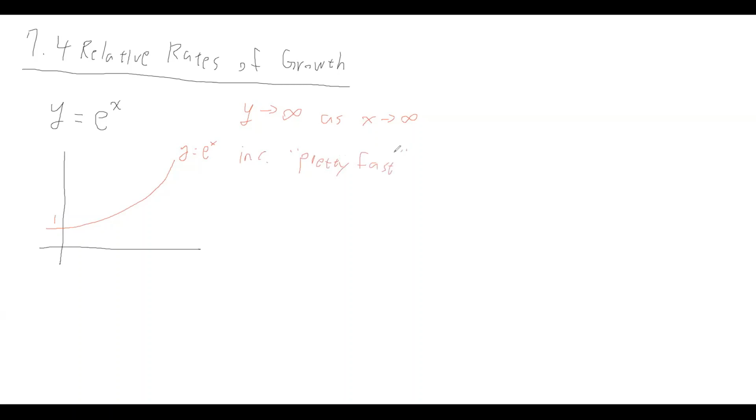But as you know, when we say fast, of course, we want to understand it by comparing to other functions, so we can have a better idea of how fast it is increasing, comparing with, for example, x squared. Right? We know e to the x grows much faster than x squared. So this is the main idea that we're going to talk about in this video: how do we determine which function grows faster or slower?